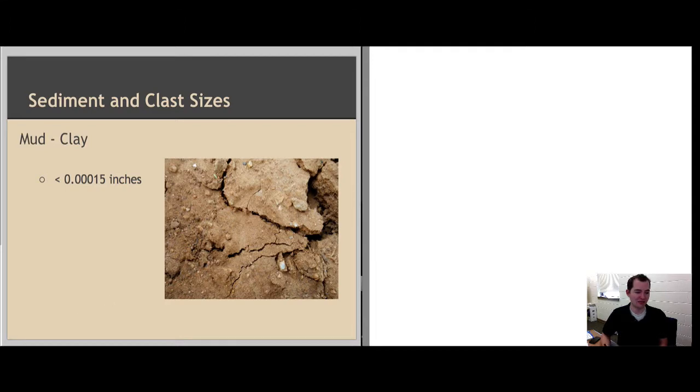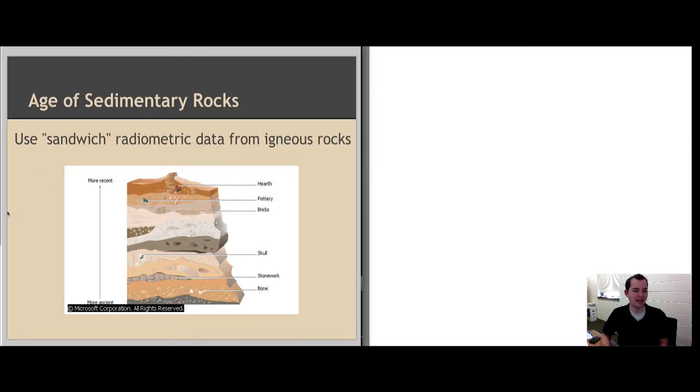Okay, just a couple more slides here. We're looking at dating or determining the age of a sedimentary rock. We can't directly date and figure out how old a sedimentary rock is, so we have to use, again, sandwich radiometric data or bracketing radiometric data.